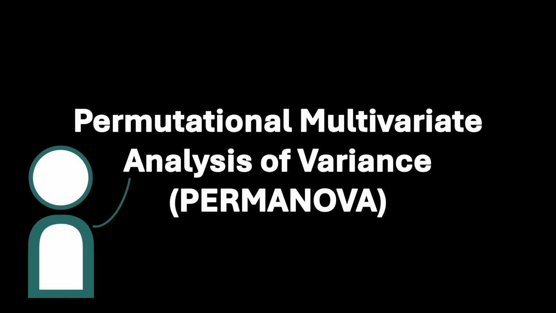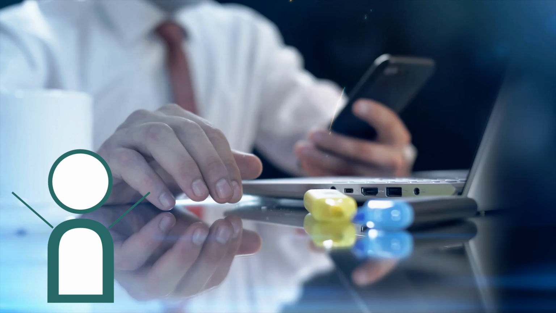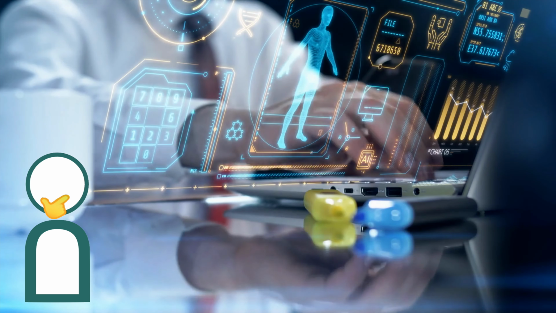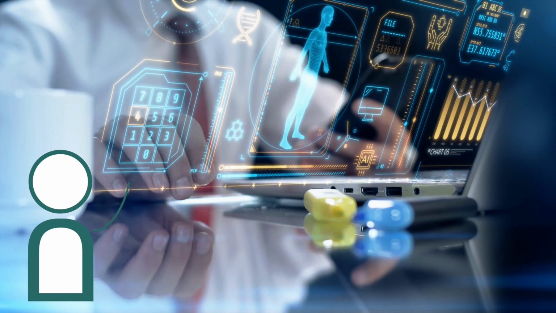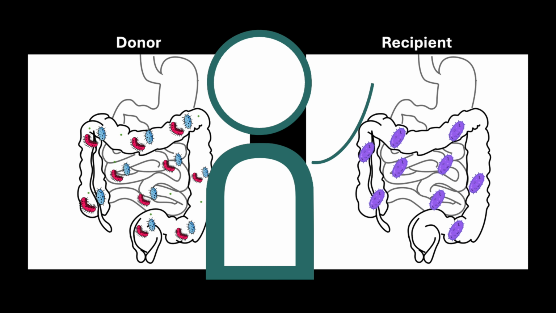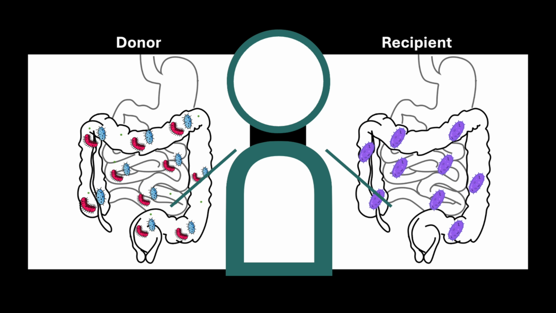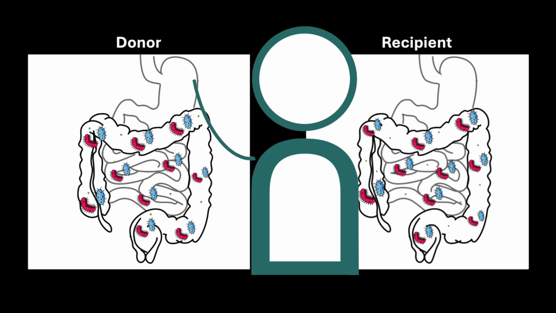And researchers use permutational multivariate analysis of variance or analysis of similarities to test if the recipient's microbiome has shifted closer to the donor's. In a successful transplant, the recipient's community structure changes from dysbiotic to resembling the healthy donor.